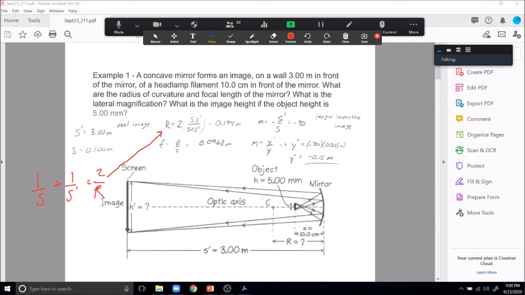The object is 5 millimeters, and this gets magnified by 30, so we get our new height to be 15 centimeters. It's 30 times larger. The negative still indicates that it is flipped. Also, one thing about this problem was a deviation from what we're normally going to do.